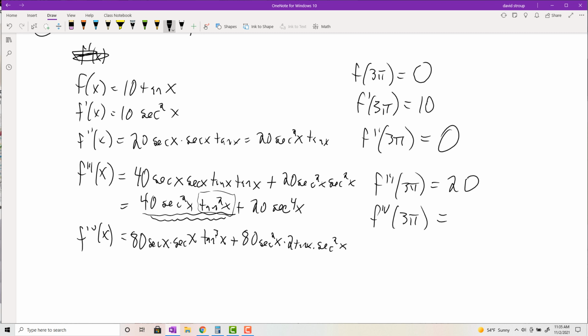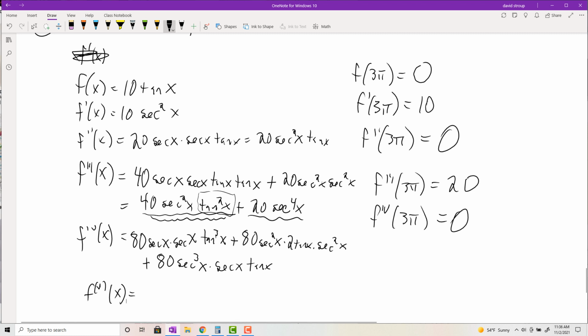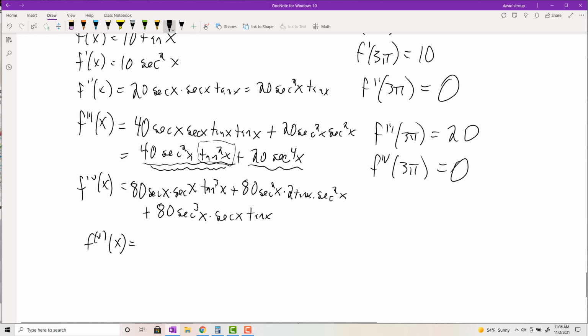All of that will be 0 when you plug in 3 pi, but hopefully we'll get something from this part, right? So power rule, nope, we won't. 80 secant cubed x times the derivative of secant, which is secant x tan x, so that will be 0. So I have to go way to the fifth derivative, which you can already see is a pain.